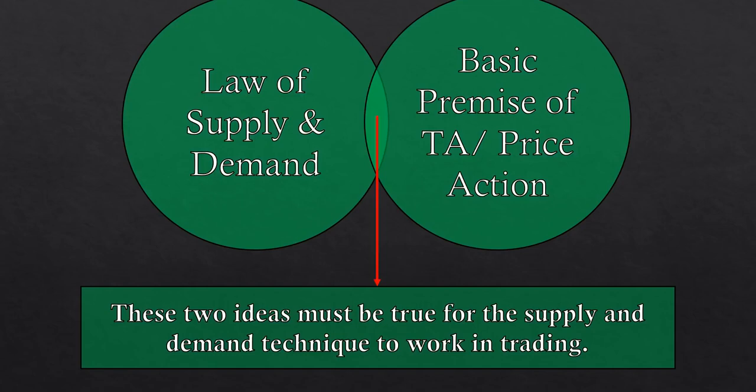We'll first strip down the law of supply and demand to understand how the idea of market equilibrium works, and then we'll combine that with the basic premise of technical analysis and price action so we can use the concept of supply and demand to speculate about the near future of price in light of the recent past. We'll also observe examples of this technique working and failing in real price charts so you can have a good idea of what to expect when you study charts yourself.